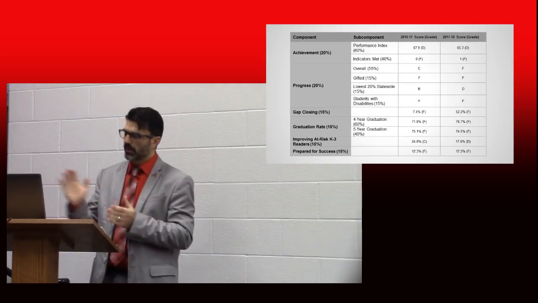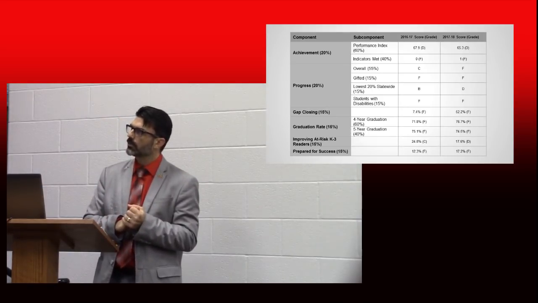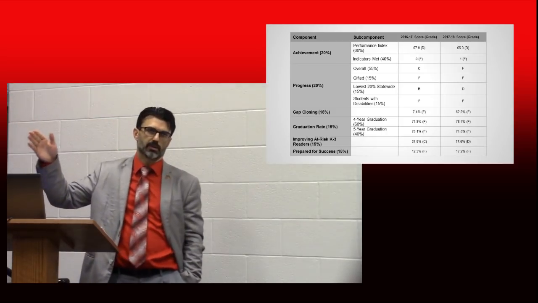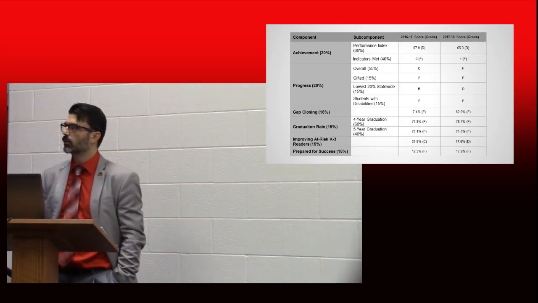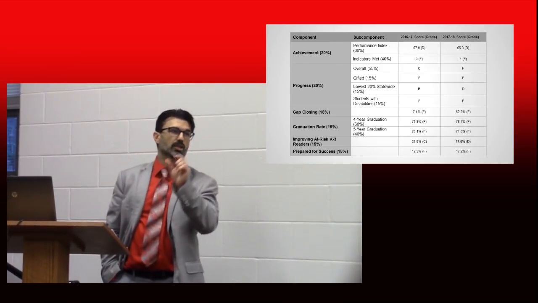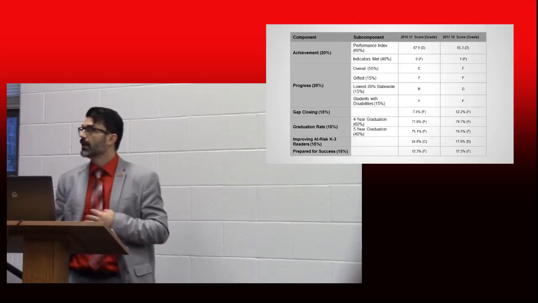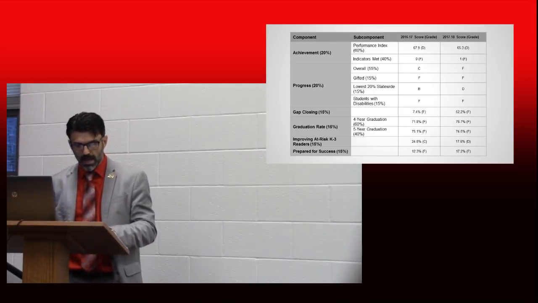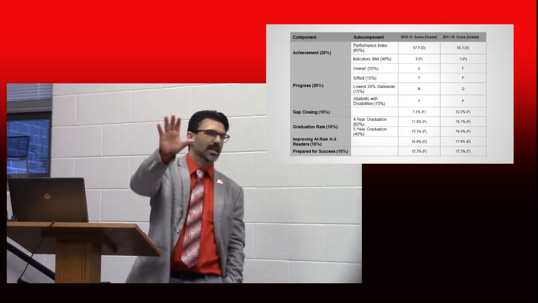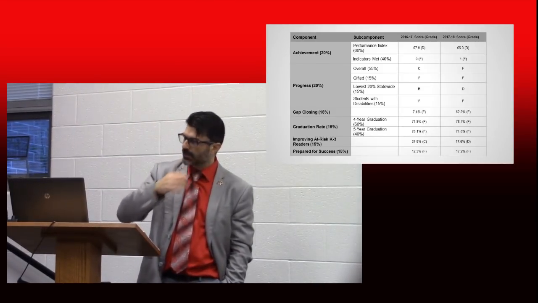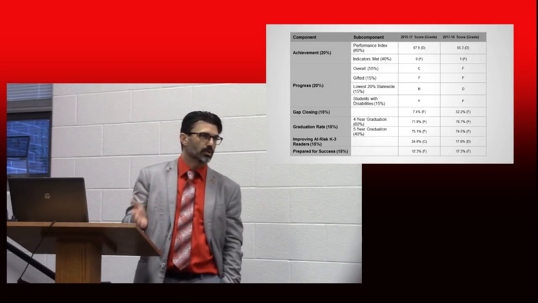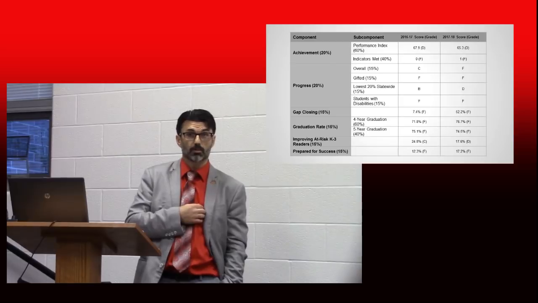Starting with the snapshot. What I have displayed here are those 11 different inputs which contribute toward the final grade, with our district performance both last year and the year previous. The first thing I'll point out is what gets lost in a single designation of F: we actually improved in several of those inputs compared to the previous year.